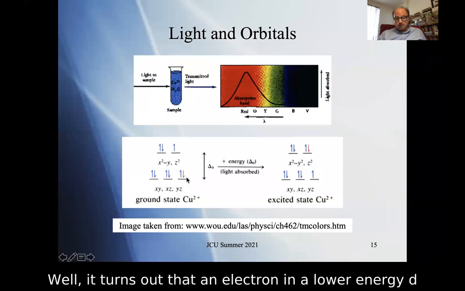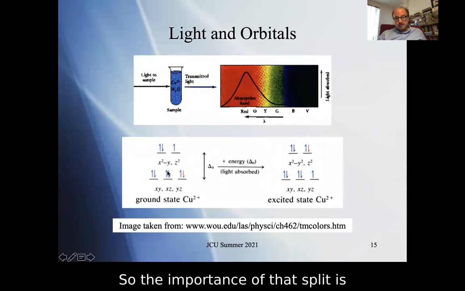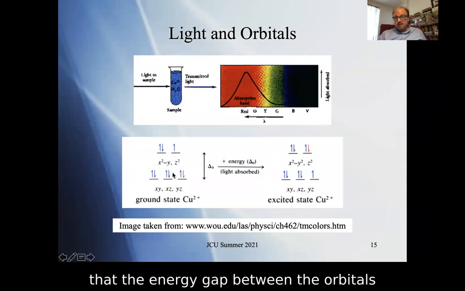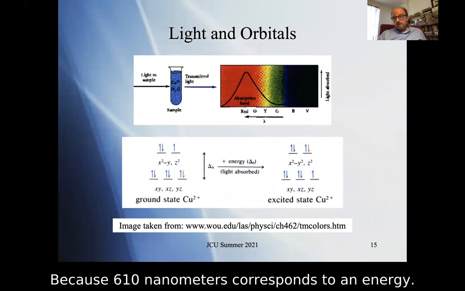It turns out that an electron in a lower energy d orbital is going to gain that energy and shift upwards. So the importance of that split is that the energy gap between the orbitals is somewhere in the visible region of the spectrum, because 610 nanometers corresponds to an energy.